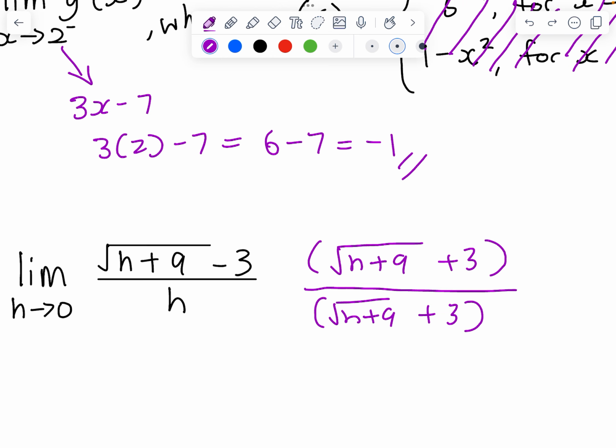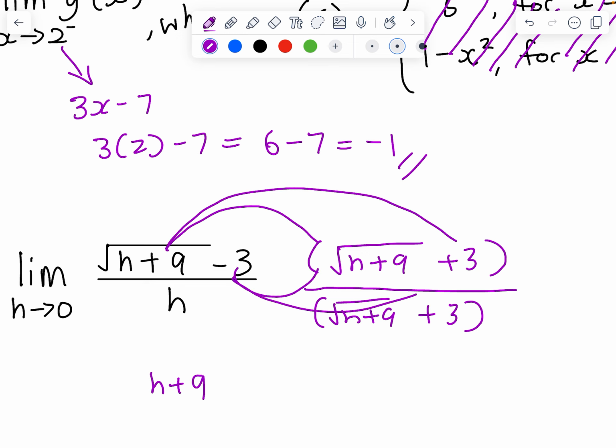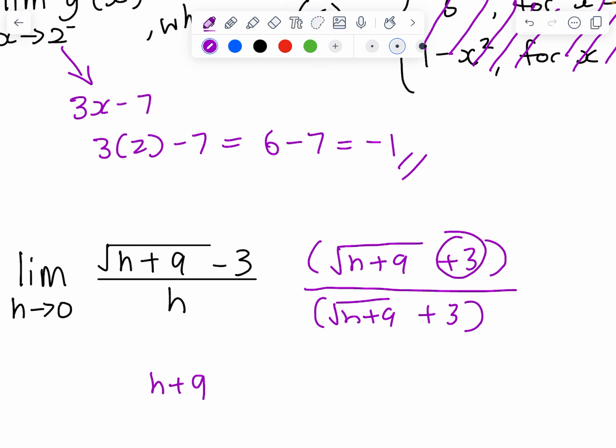So here, square root of h plus 9 times square root of h plus 9, we can cancel out, which is just h plus 9. Then we're left with -3 times square root of h plus 9 and plus 3 times square root of h plus 9, which cancel out nicely. Therefore, we only end up with -3 times 3, which is -9.